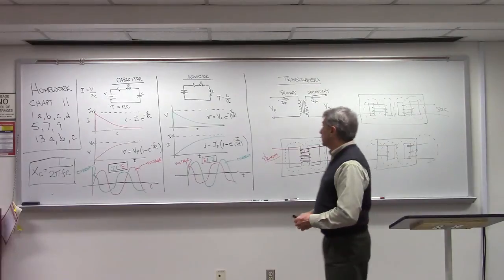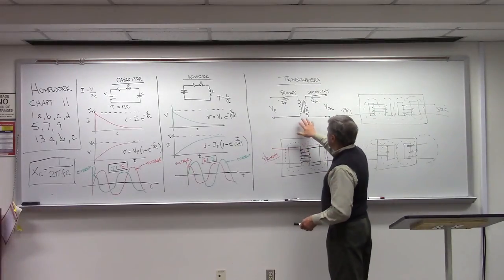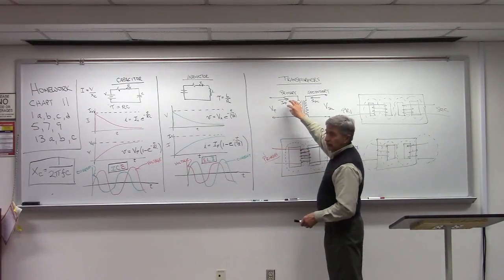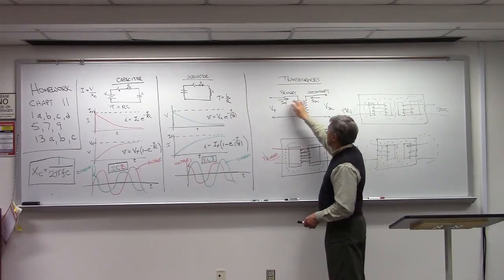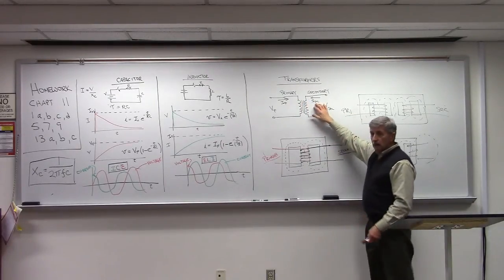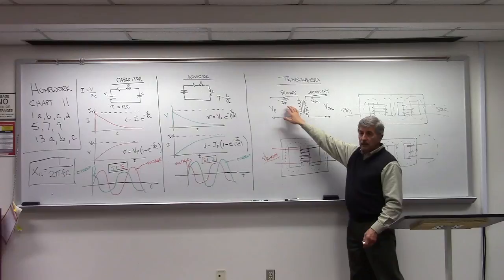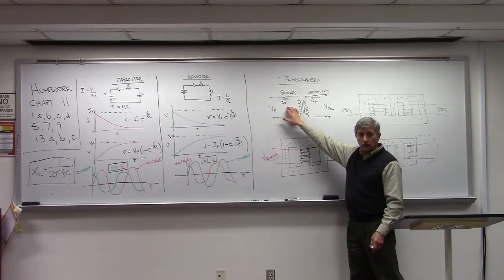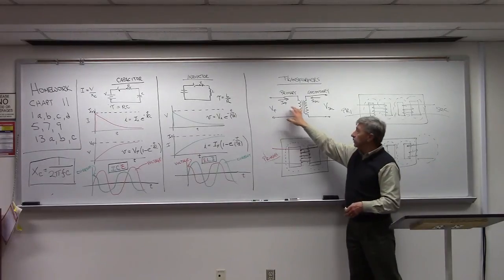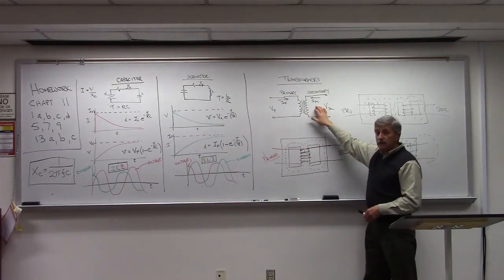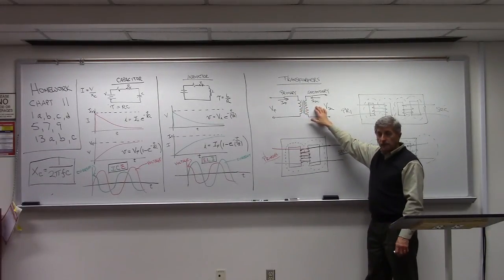The idea here is that if you have a lot of turns here and fewer turns here, let's say, 100 volts on the primary, and you have a 10-to-1 ratio, 100 turns, 10 turns, you're going to get 10 volts on the secondary.